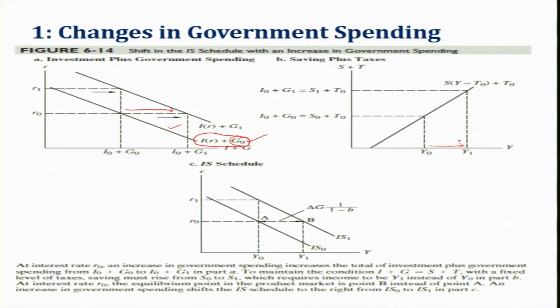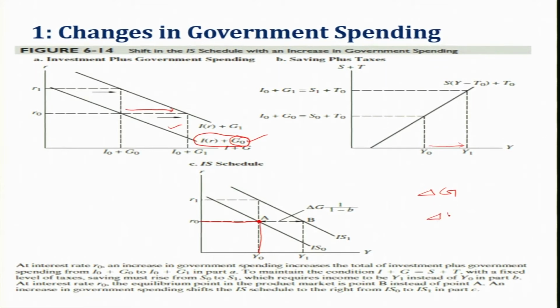So here what we have shown is the initial position: when the rate of interest is this much, the initial level of income is this much. Then when there is an increase in government spending, denoted by del G, using the IS equation, Y will increase.